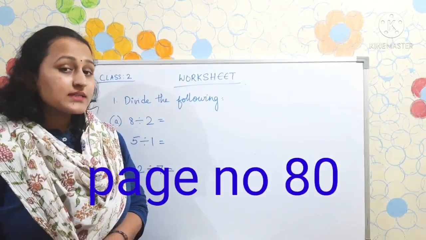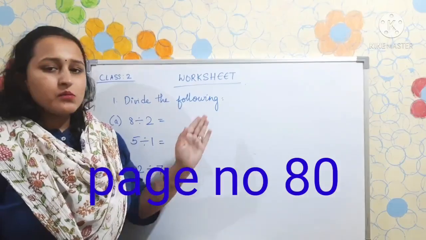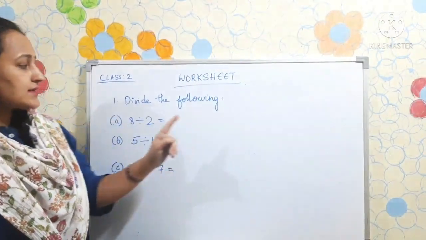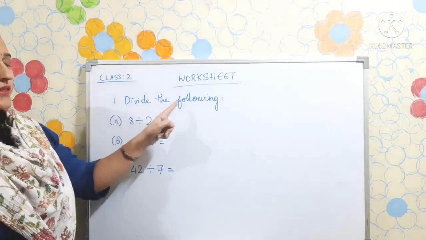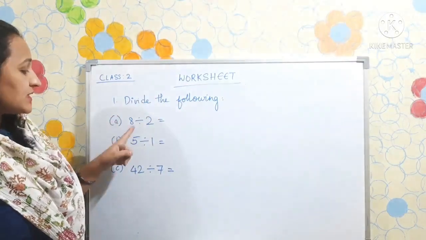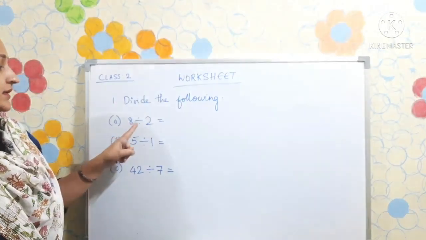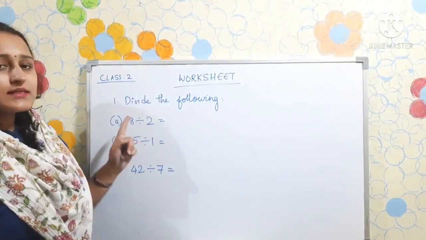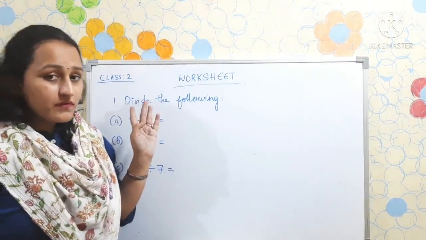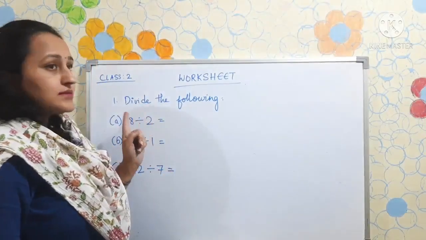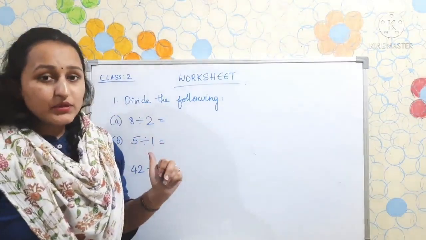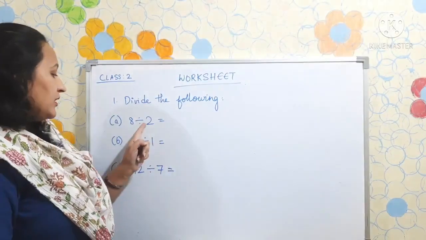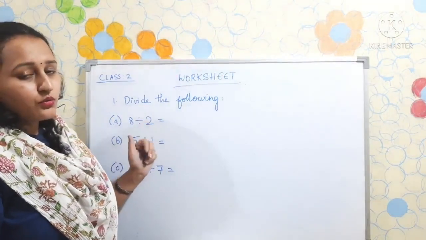Children, in page number 80, we have a worksheet to do. Let us see the heading. Divide the following. The first question is, read it loud. 8 divided by 2. 8 is the dividend, 2 is the divisor. We should always recollect the divisor number's multiplication table. What is the divisor number here? 2.